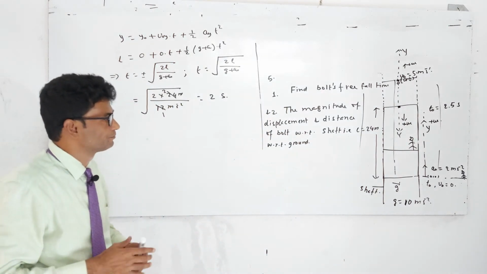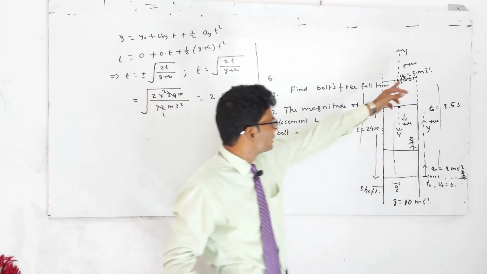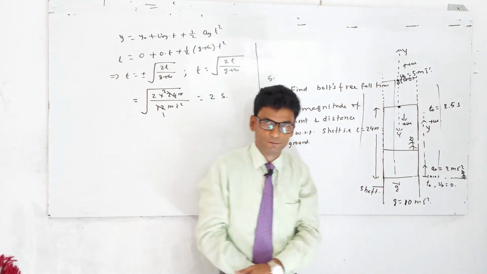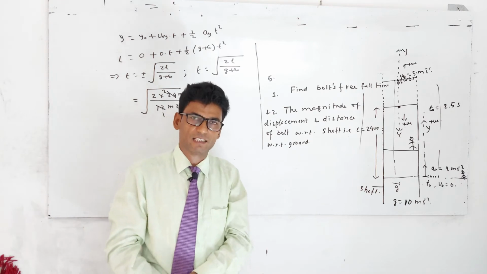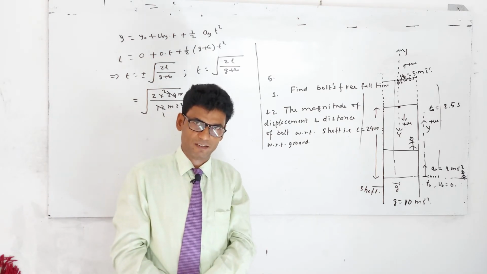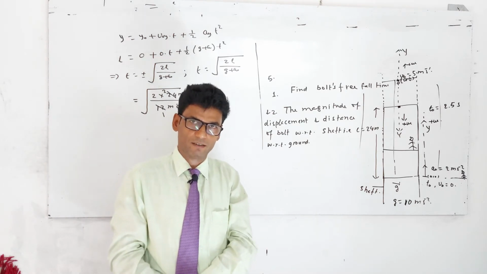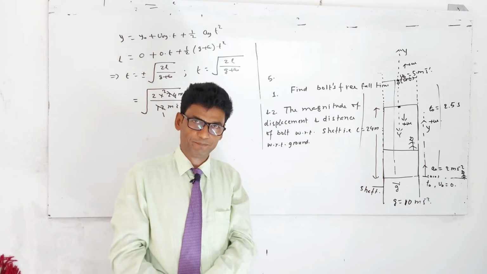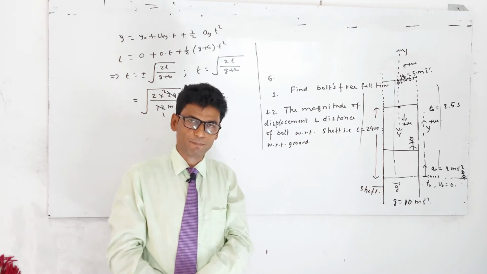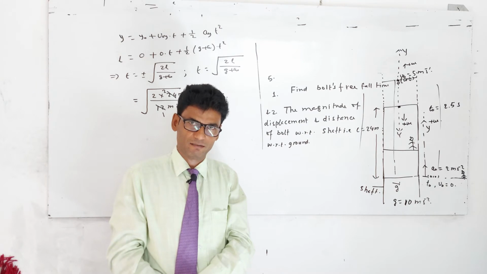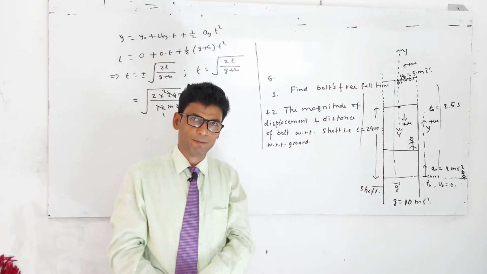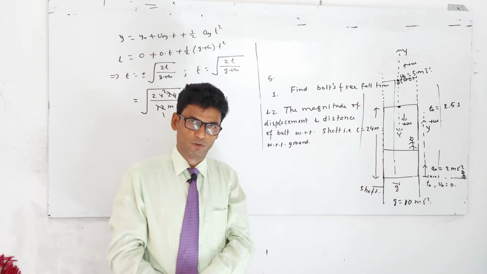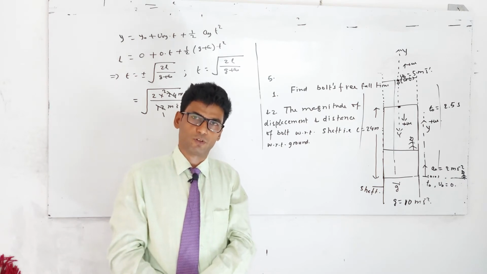Now the bolt's speed is 5 meters per second, which is very much less than the orbital speed as well as the escape speed. As we know, the orbital speed of any body or particle is approximately 7.9 kilometers per second, and the escape speed is 11.2 kilometers per second, with respect to the ground frame.